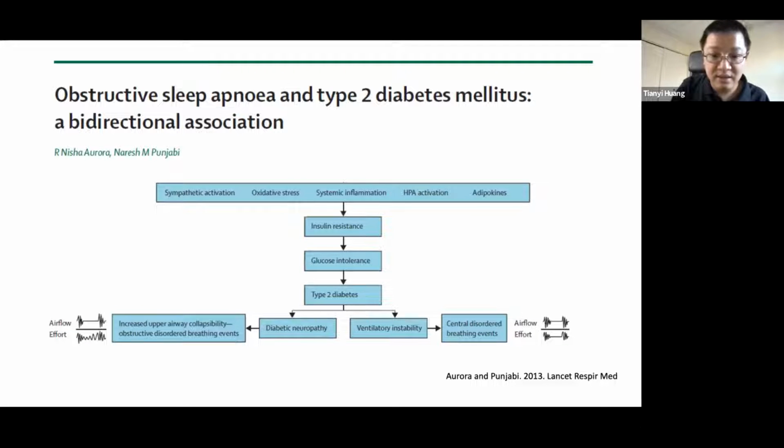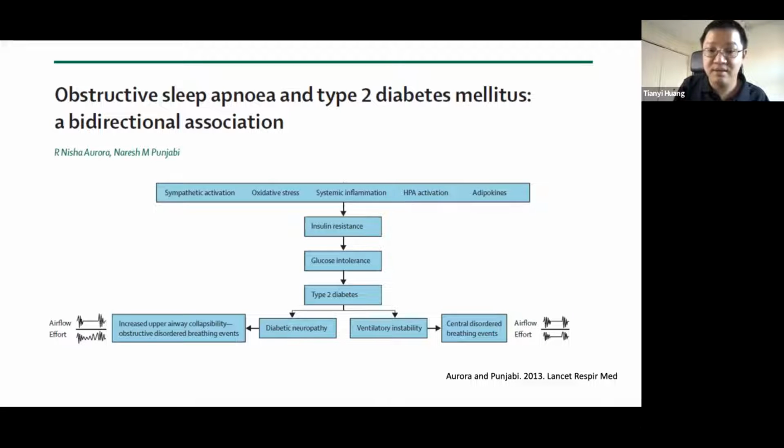Then, for example, diabetic neuropathy can damage the peripheral nerves and lead to increased upper airway collapsibility, resulting in obstructive sleep apnea. People with diabetes also tend to have ventilatory instability that can lead to central sleep apnea. But based on this review, we can clearly see in their citations that there is substantially more evidence supporting sleep apnea leading to diabetes versus diabetes leading to sleep apnea.